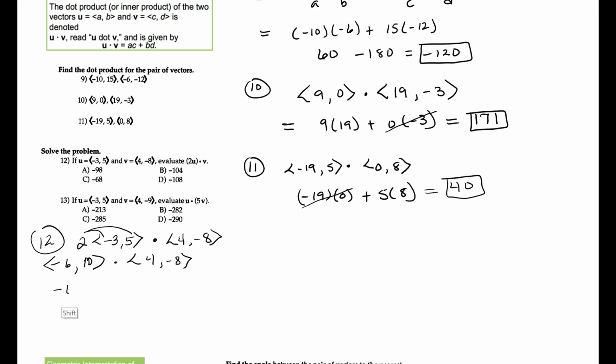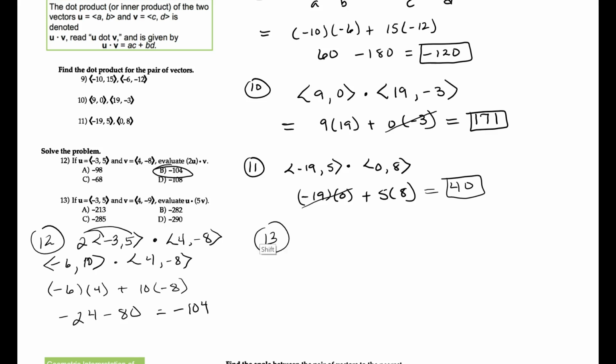We take negative 6 and multiply it by 4, and then add that to 10 multiplied by negative 8. So we get negative 24 minus 80, and that's going to give us negative 104 for that dot product, which in this case is letter B.